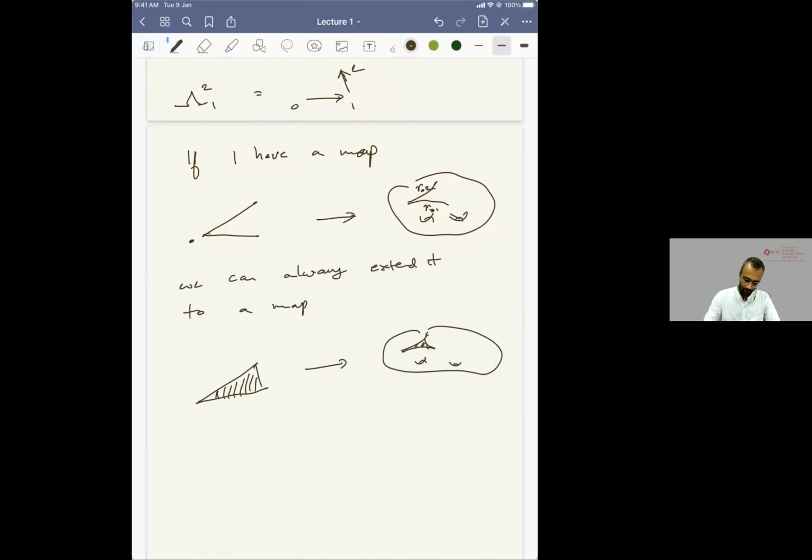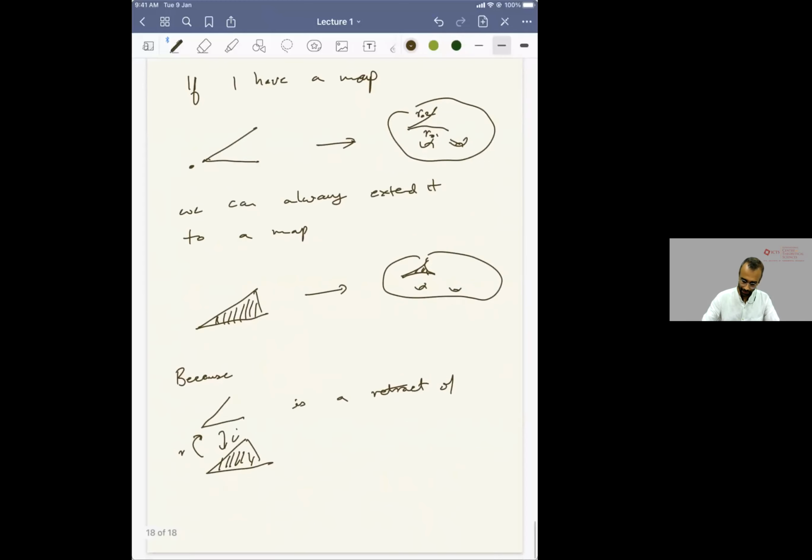Right? Because this guy is a retract of this guy. You have an inclusion and you have a retraction map. You can just squash the triangle down to the V-shaped guy. And so you can just define the map by composing with the existing map, the projection map.